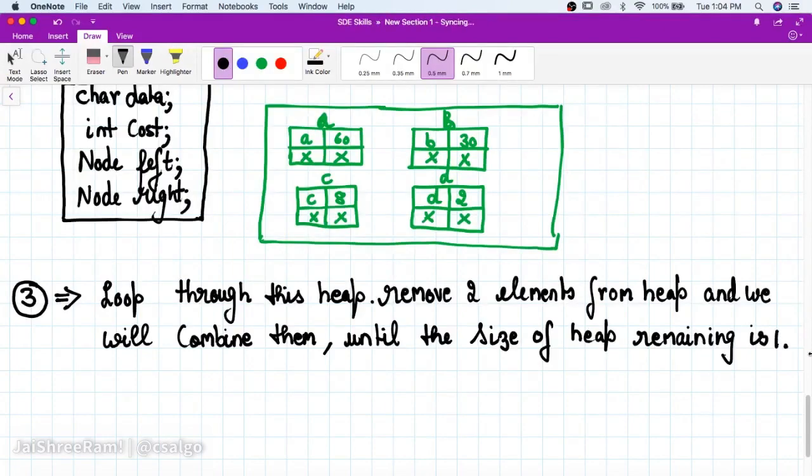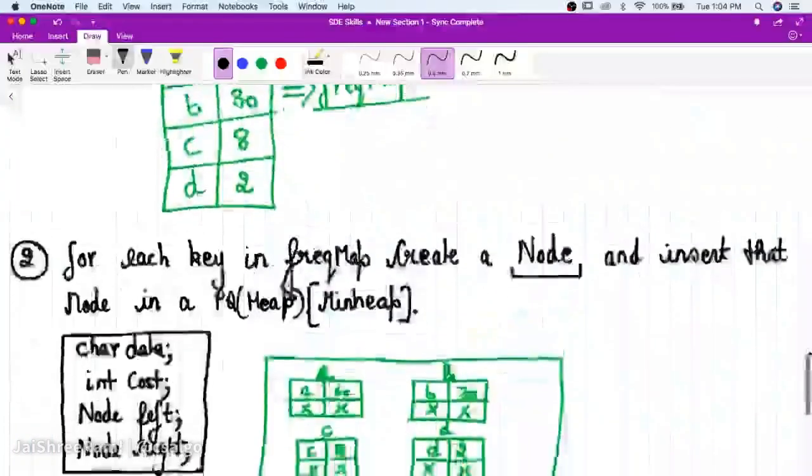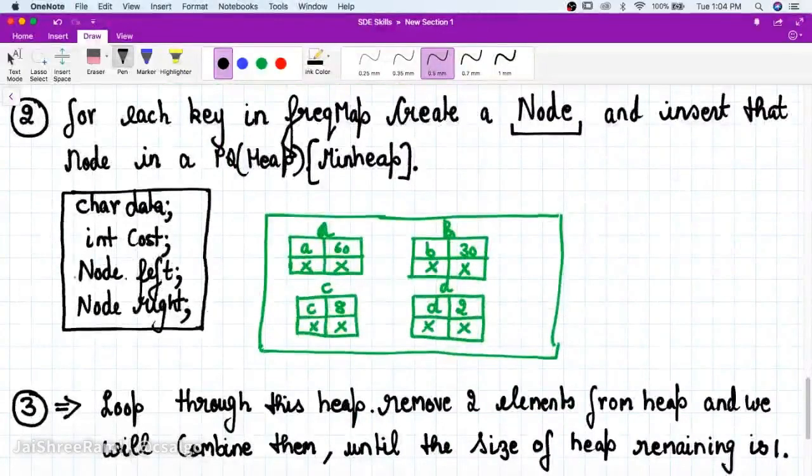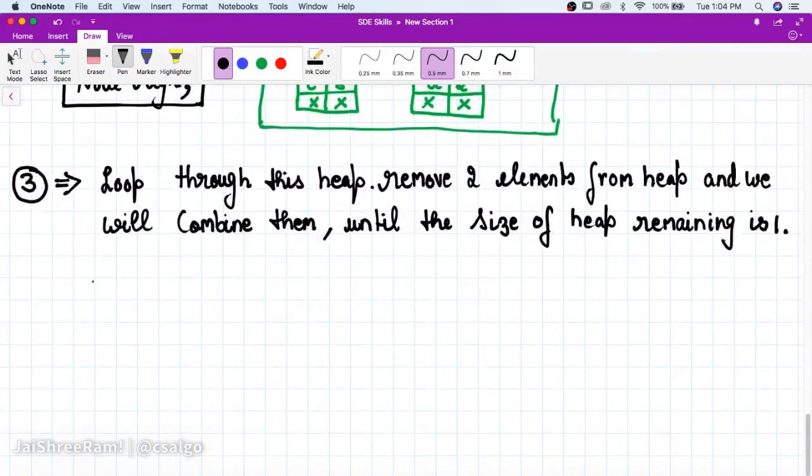So now let's see what we are doing here. This is our heap, and we will loop inside it until its size remains just 1. First of all, we will remove the two elements from the heap.